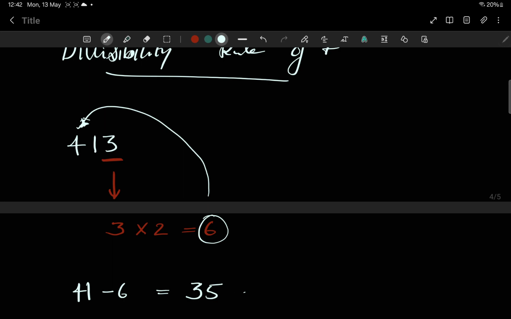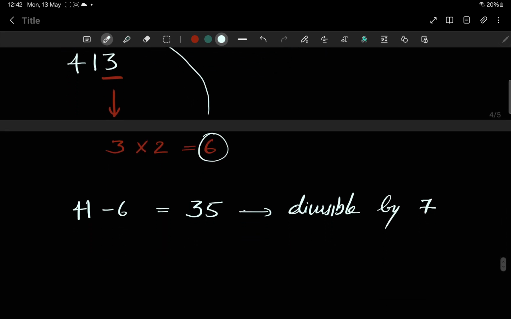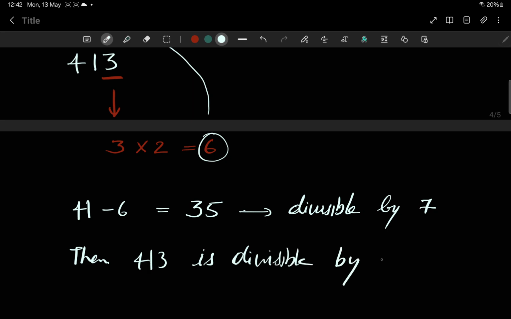If the resulting number, that is 35, is divisible by 7, then 413 is divisible by 7. So you know that 7 into 5 is 35, so it is divisible by 7.